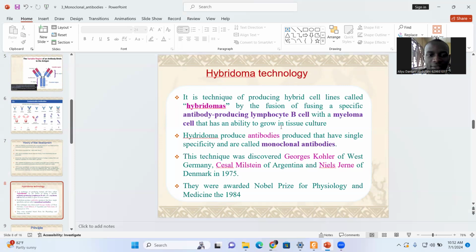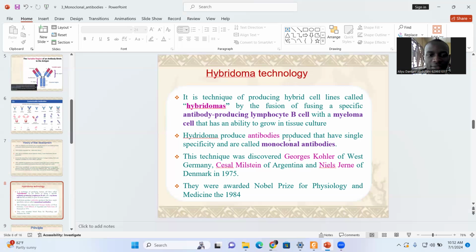Cancer cells grow continuously. They don't die. They are immortalized, right? So fusing an antibody producing cell to a cancer cell is a way of immortalizing the antibody producing cell so that it doesn't die. It's fused now to a cancer cell. Basically, that's the technique.